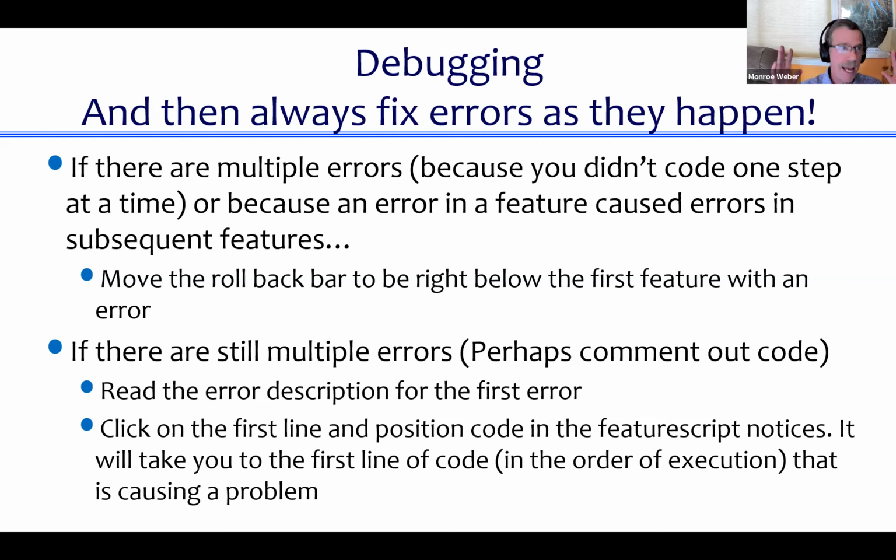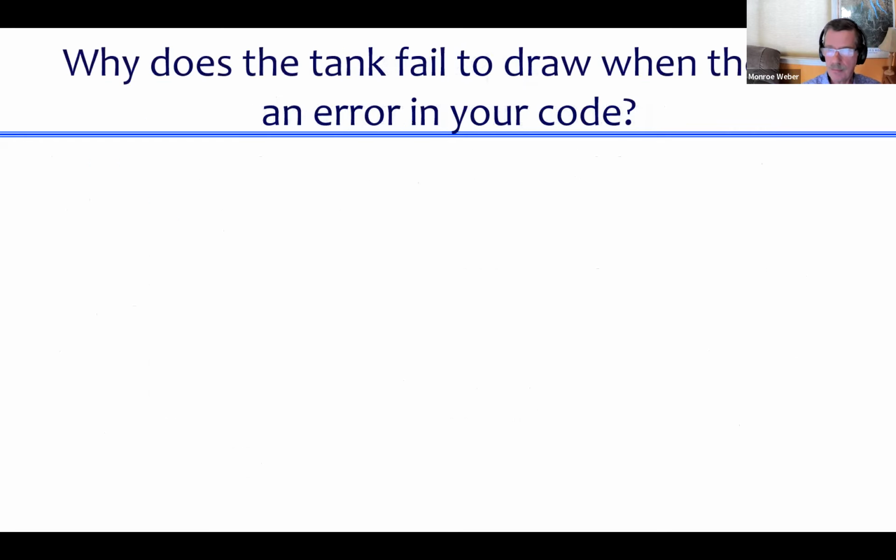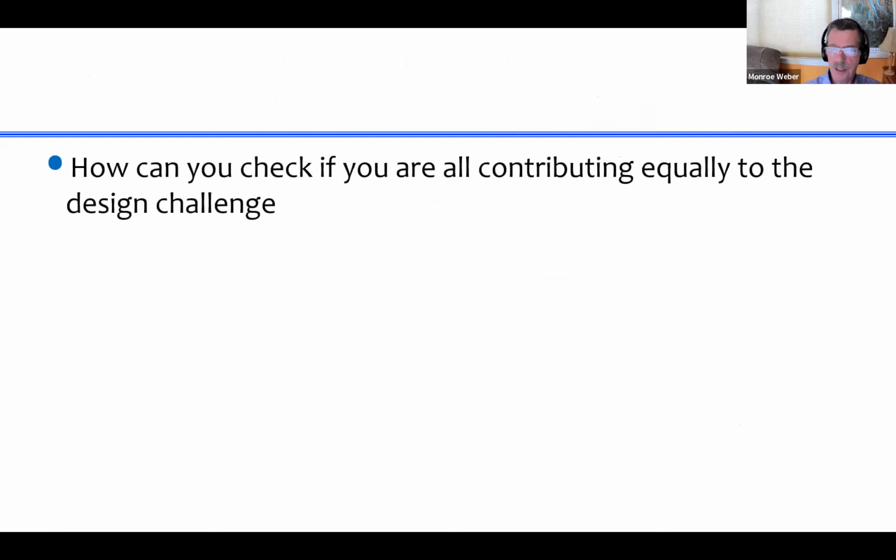When you want to bring it back, you just press Control-slash again, and it'll bring it all back. So that's some ideas for when there's a whole bunch of errors and you're not sure which one to work on. You want to get down to the first error that's causing the problem. I will address this when I get to the code.